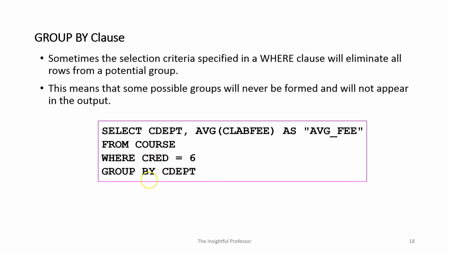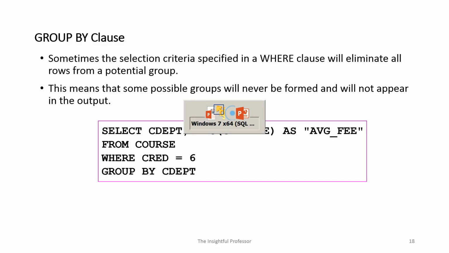However, we're grouping by the C department column, which would suggest we'll have a group for philosophy, a group for theology, a group for CIS. However, CIS has no 6-credit courses, so it will contribute no rows past the where clause into the group formation process. Hence, CIS will not appear as a group in the result.